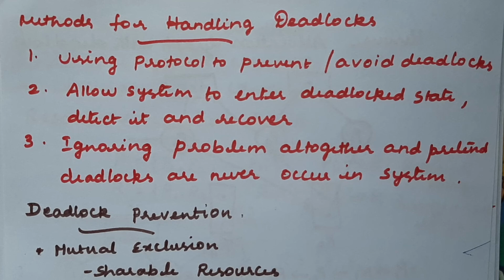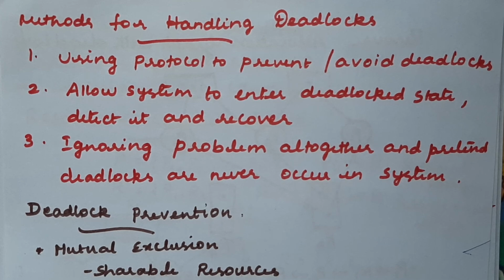Coming to the next method, allowing the system to enter into the deadlock state is even more difficult. We will face more difficulties than the first method because the deadlock has occurred in the system, and finally we need to recover. We need to follow some methodologies to recover from the deadlock situation.